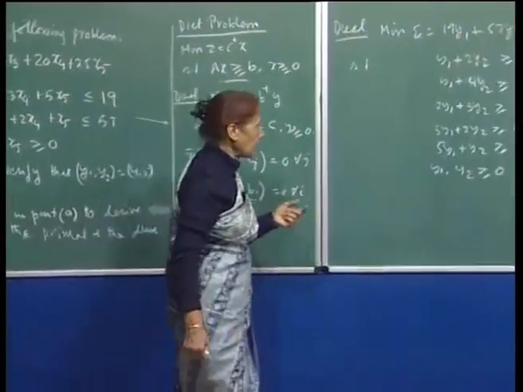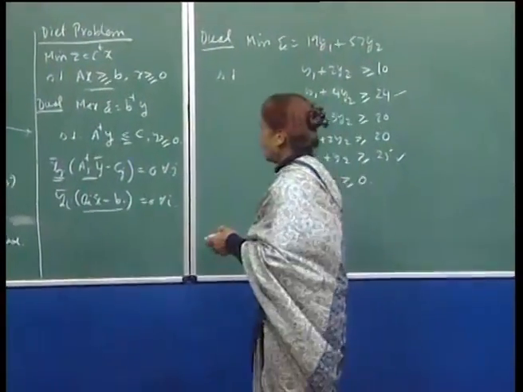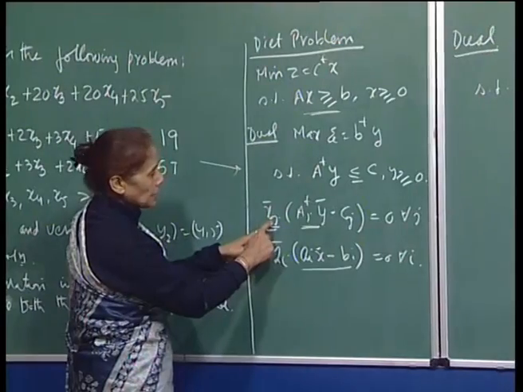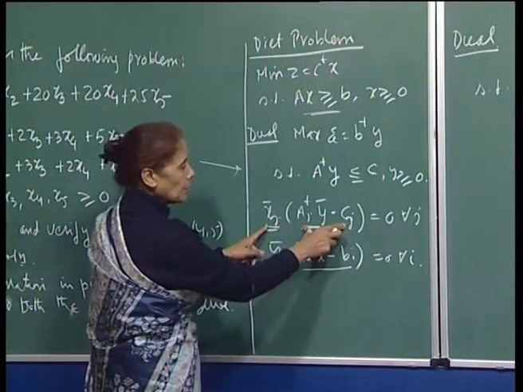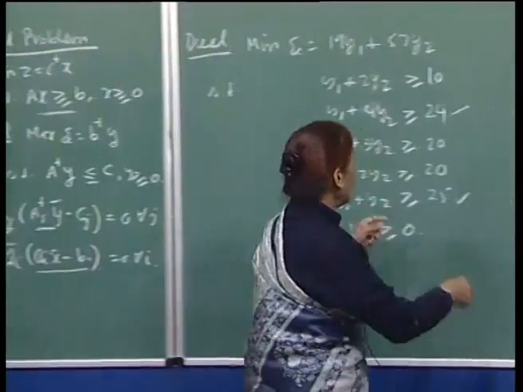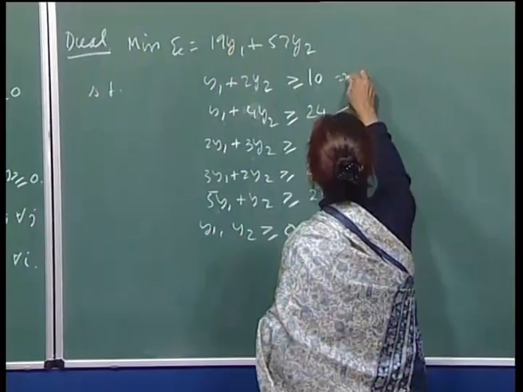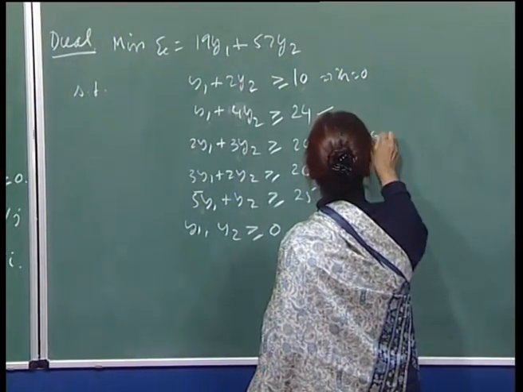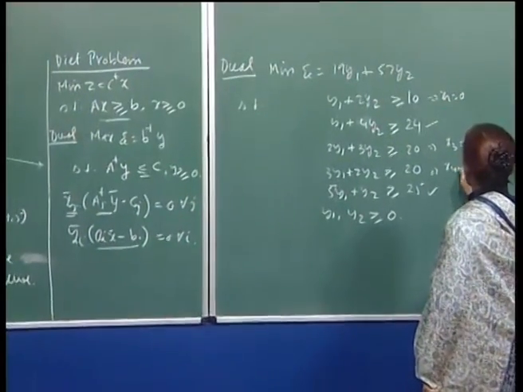And that is why I mark this, because remember we said that x_j bar can be positive only if the corresponding dual constraint is satisfied as equality. I have two such constraints, because this implies that x1 is 0, this implies that x3 is 0, and this implies that x4 is 0.